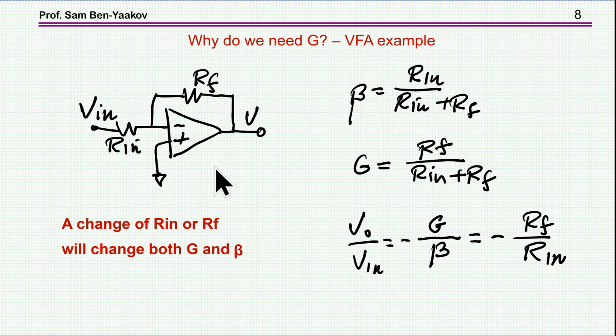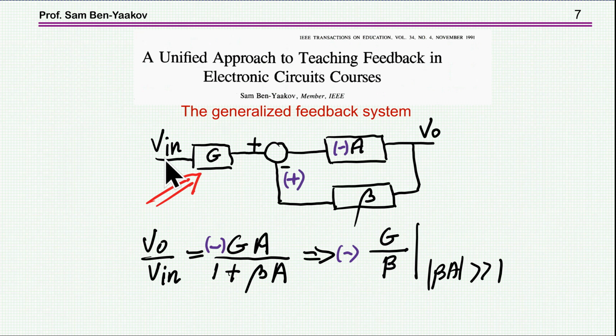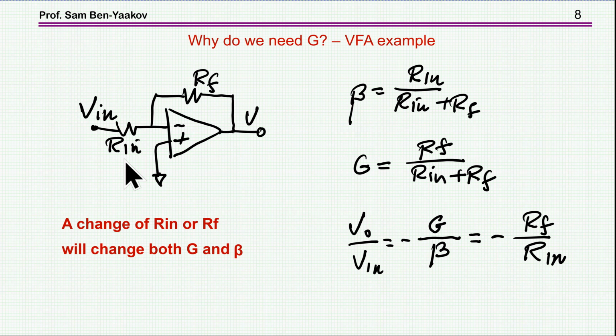So G is the transfer function, let's have a look at it, between the input and the summing junction, while beta is the transfer function between V out and the summing junction.